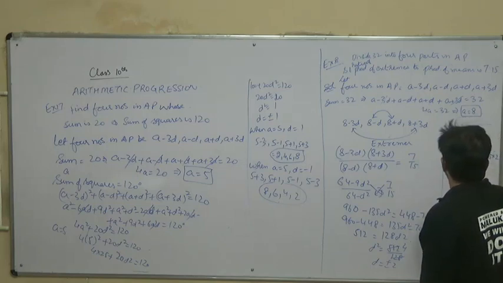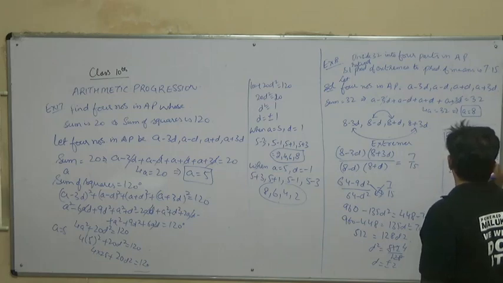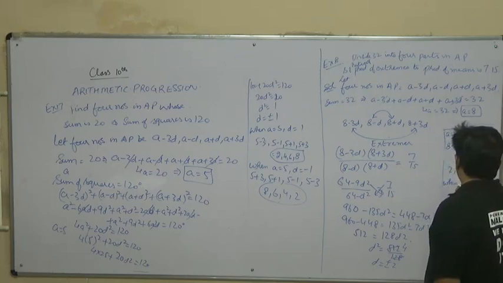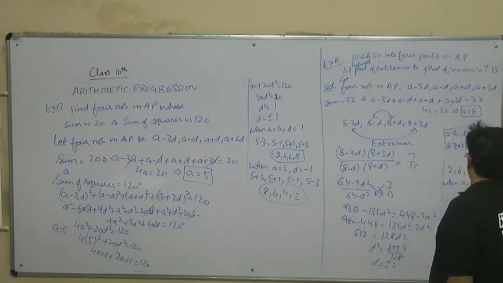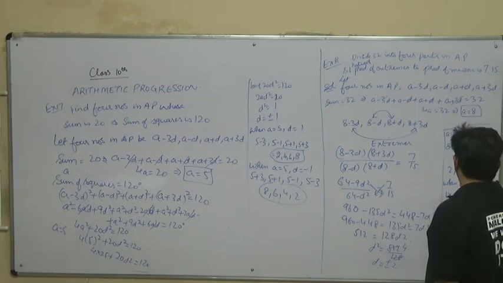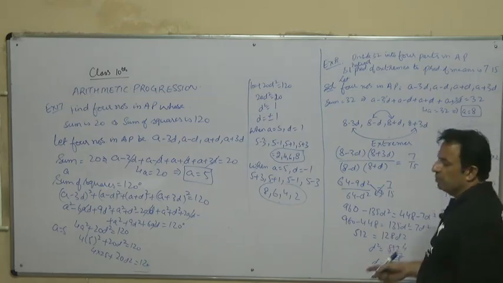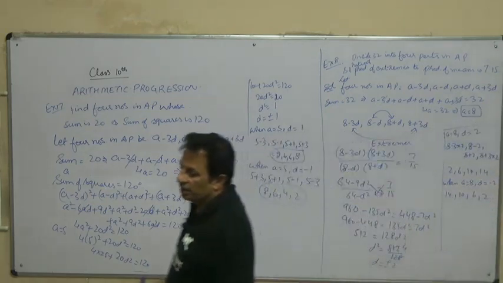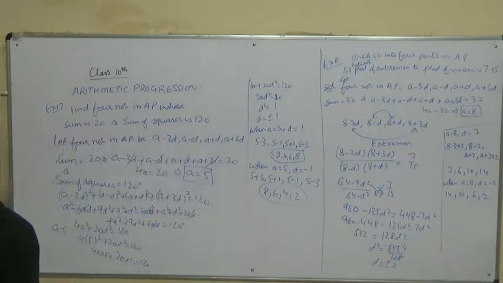So this will be 2, 6, 10 and 14. And when a is equal to 8 and d is equal to -2, the numbers will be 14, 10, 6 and 2. The numbers get reversed when we change the value of d.